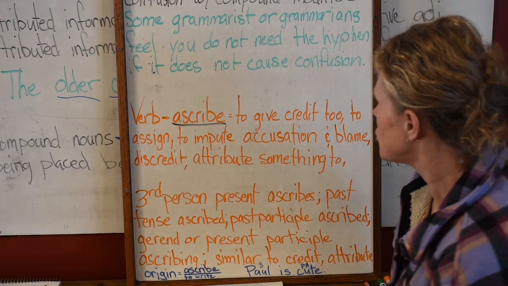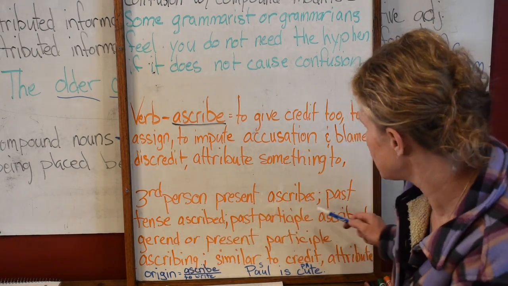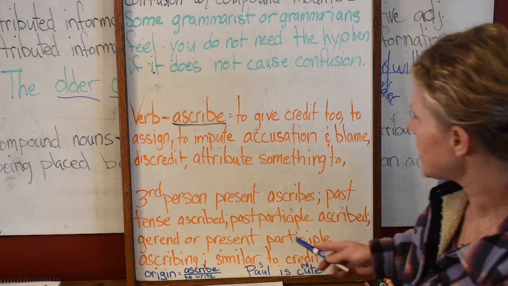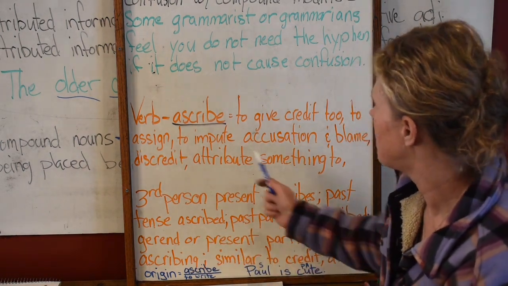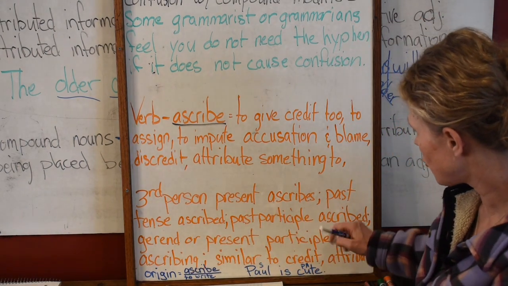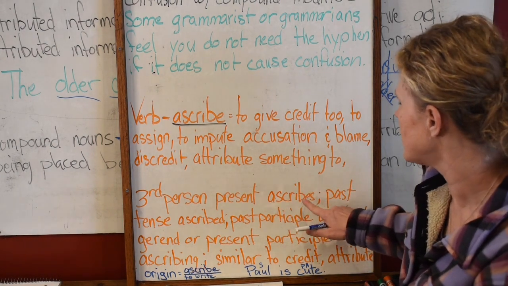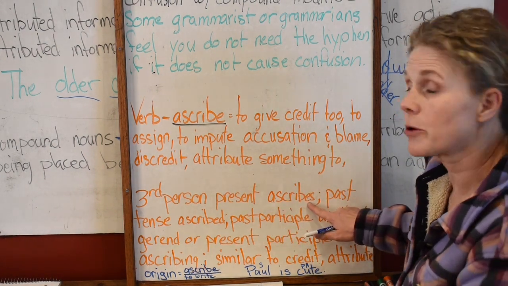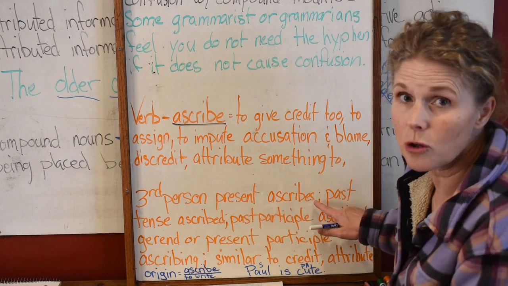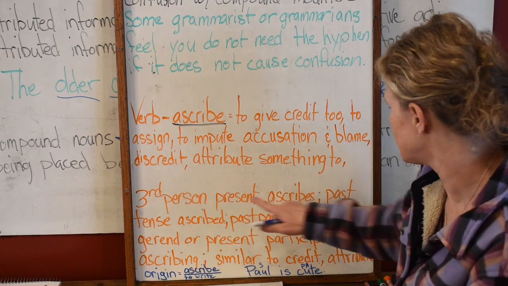Okay? So now also when you look at your dictionary words, or if you look this up, again, what are all the different things about the word ascribe? Well, we have third person present, that's ascribes. See, we have our plural s, but this can be super confusing because this is third person present singular. Third person present plural is going to be different. So this is a little bit confusing.